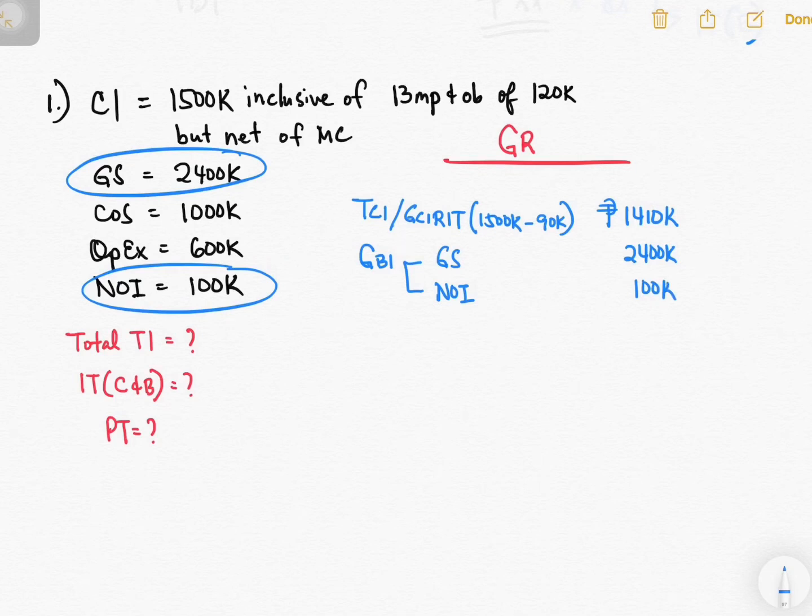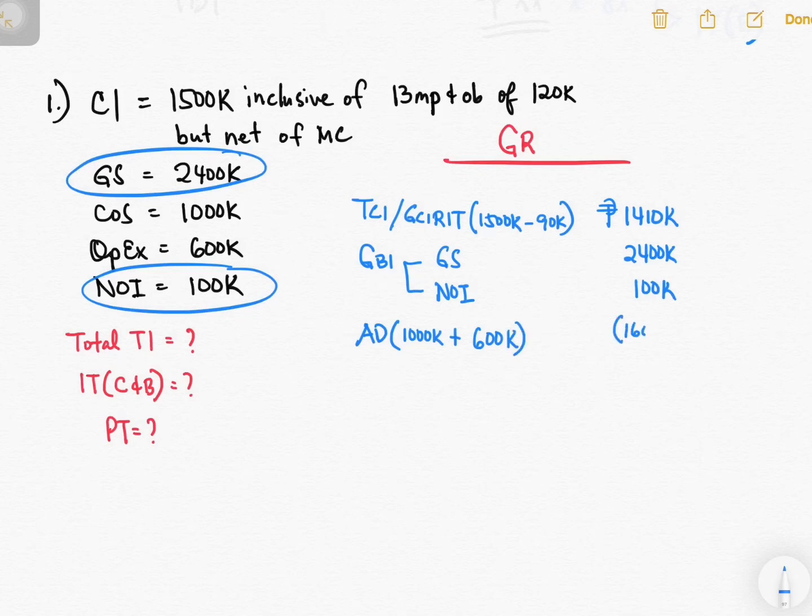We are using graduated rates, so it's either itemized deduction or optional standard deduction. And since the problem is silent, we use itemized deduction. So let's get your cost of sales of 1 million plus your operating expense of 600,000.